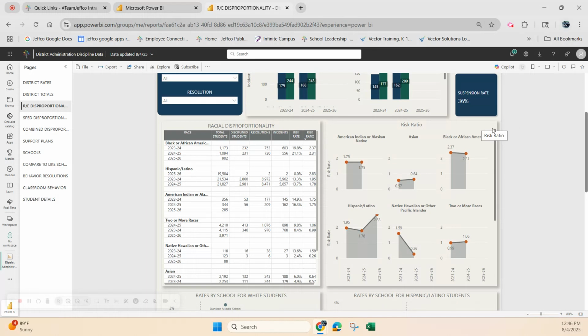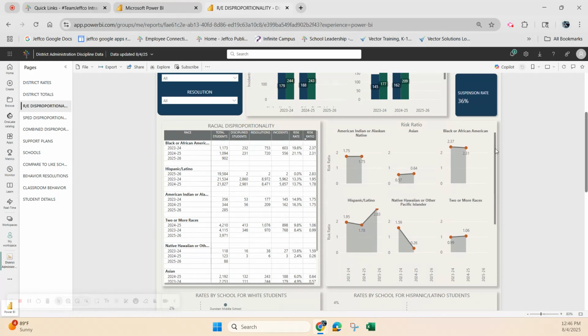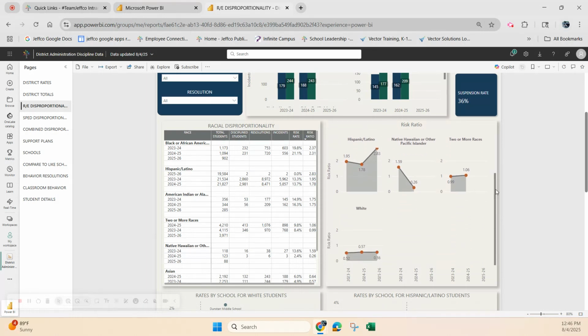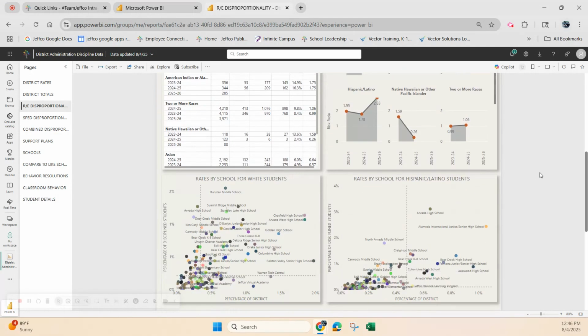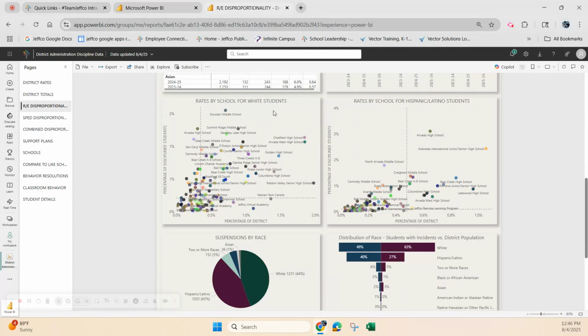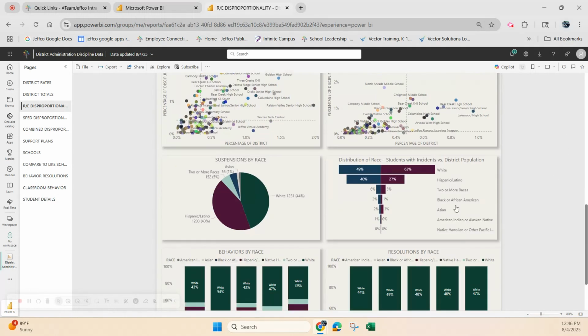This risk ratio tile is the same table data in a graphic form that's a little bit easier to look at. Just at a glance, you can see if there were any improvements or maybe some increases in risk rates or ratios that we might want to pay attention to. This has a breakdown by different demographics as well as suspensions by race.